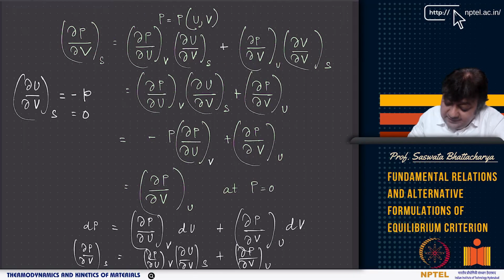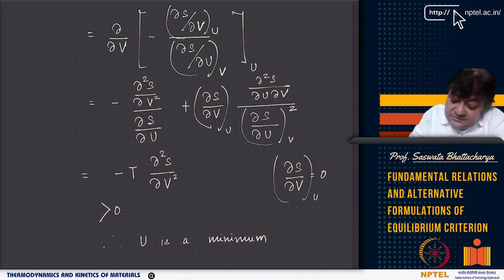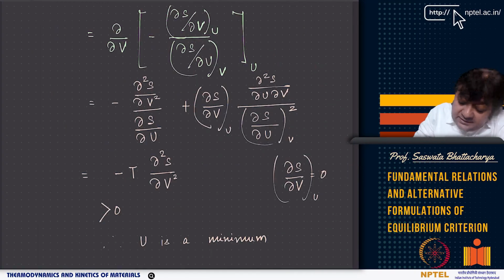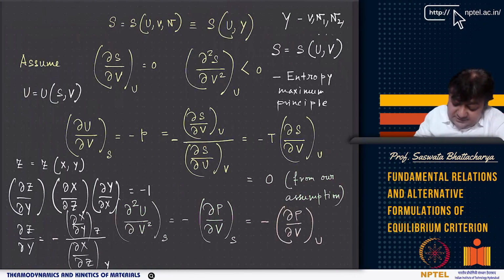Now I am writing ∂/∂V, and P is ∂U/∂V at S, right? So ∂U/∂V at S I can write as ∂S/∂V at U. Again you can prove this, but there is a minus sign here. Note here that there is a minus sign, and you can again prove that minus sign using the relation like this.